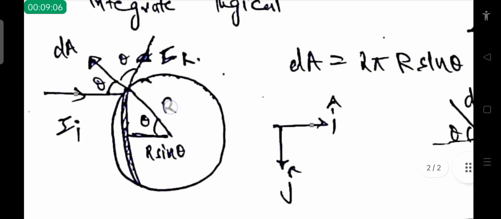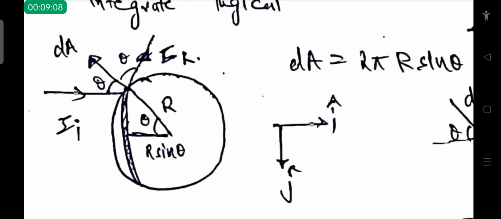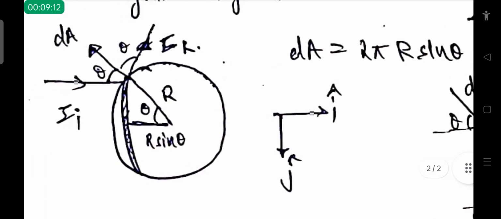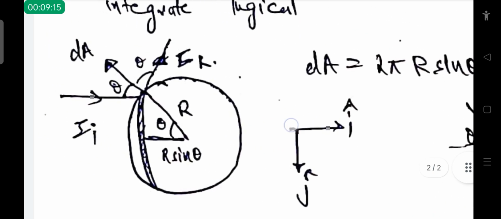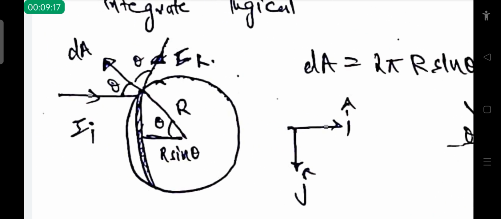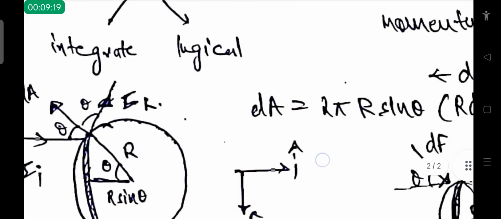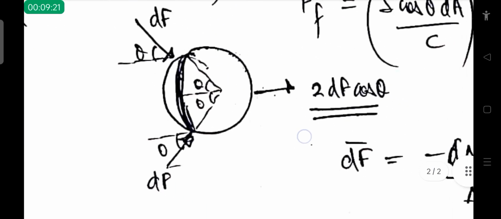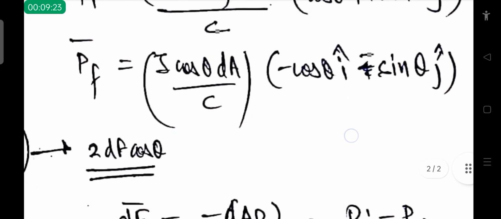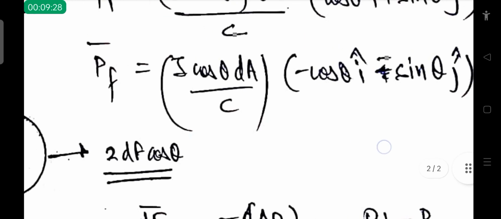This will be outward, away from the center. So if we resolve it, the components will be along negative i cap and negative j cap, one towards left and one towards right. So following this convention, it will be minus cos theta i cap minus sin theta j cap.